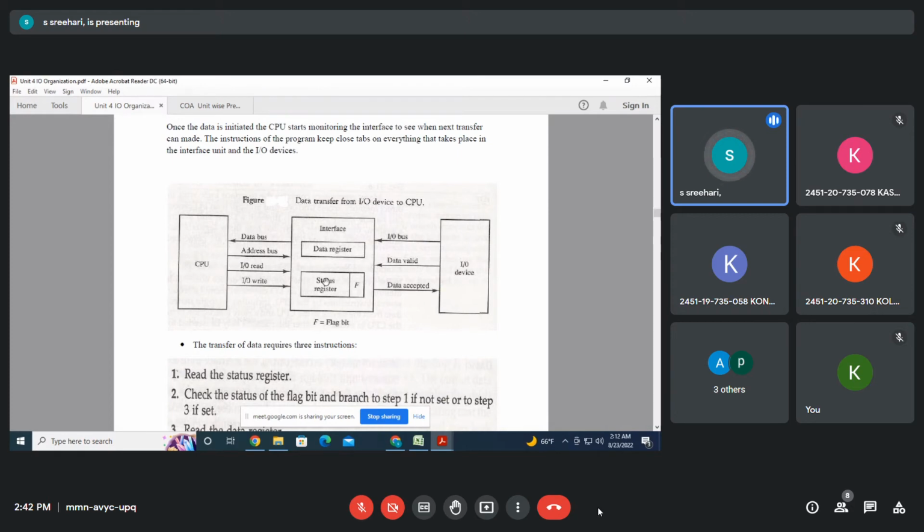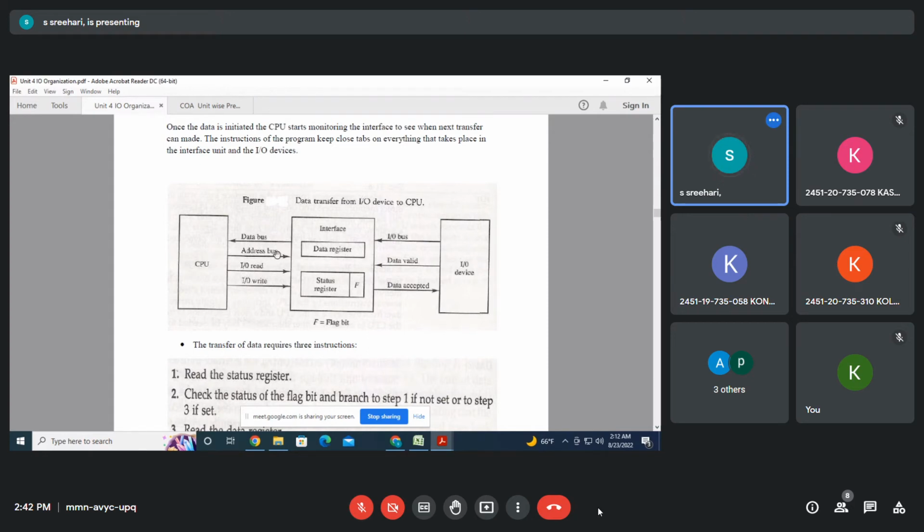The data is collected from the IO devices and placed in the data register, and from the data register it is taken onto the data bus and collected by the CPU. The operation is selected through IO read or IO write and the address bus.